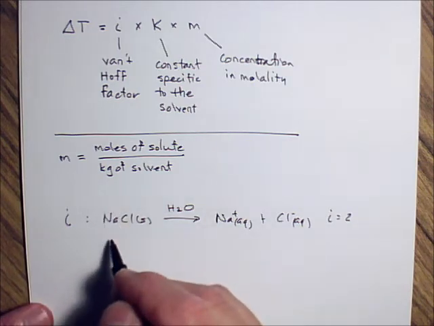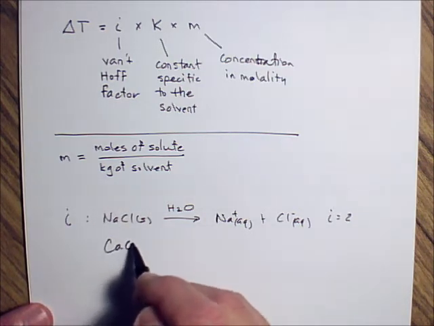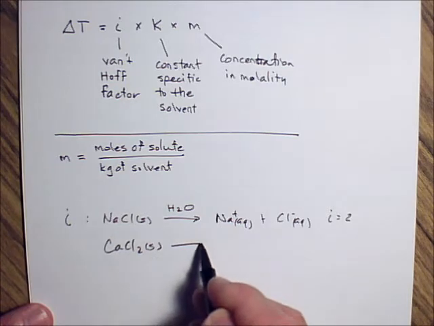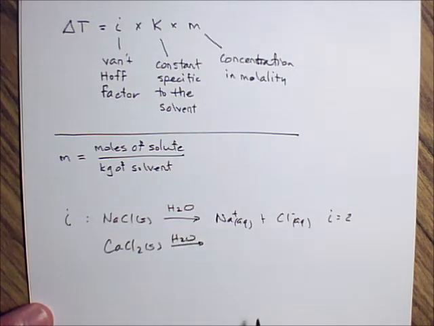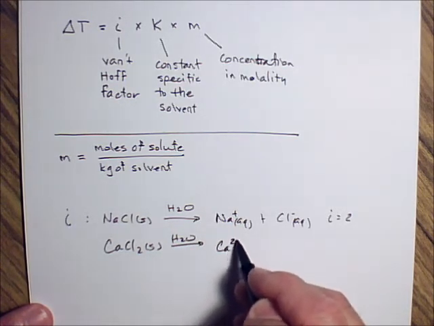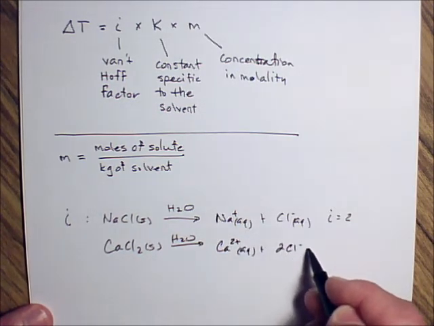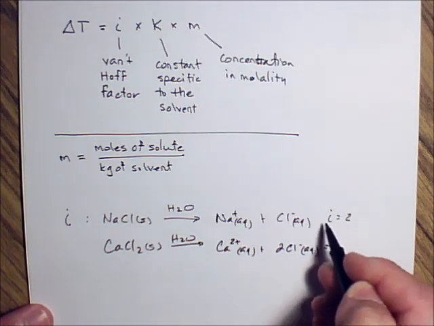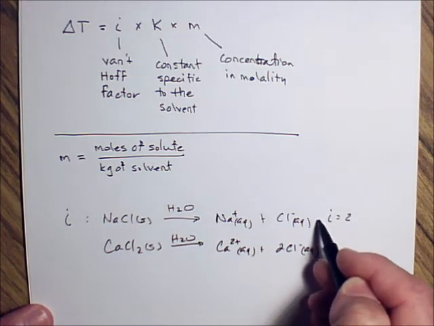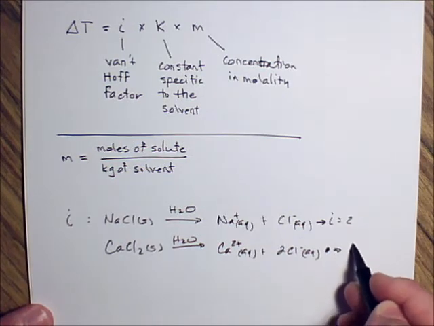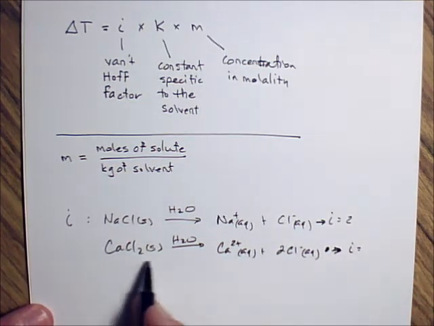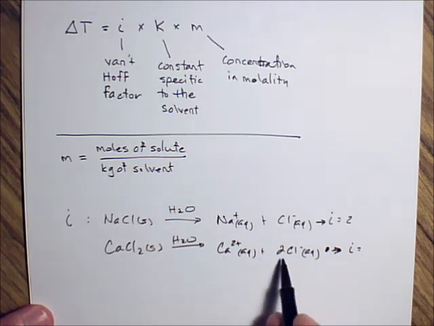Calcium chloride, on the other hand, when I dissolve it in water, I get 1 calcium ion and 2 chloride ions. So what is i for this solute? 1, 2, 3.